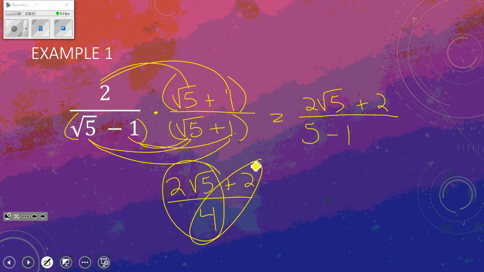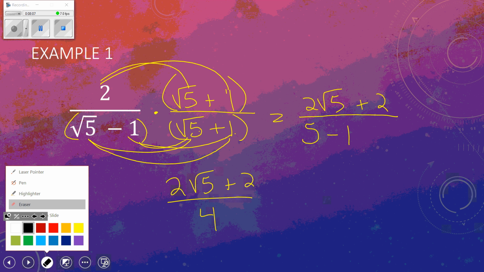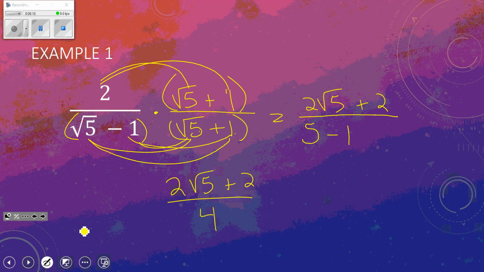Another way, and we'll look at some that can and can't simplify, but another way that I would look at this is, what can we factor out of the numerator? If I factored the numerator, what could come out? A 2. And so if I take a 2 to the outside, what would I be left with? Square root of 5 plus 1 over 4.